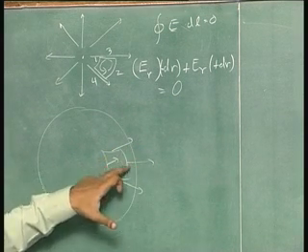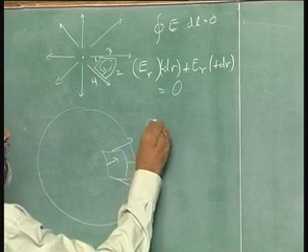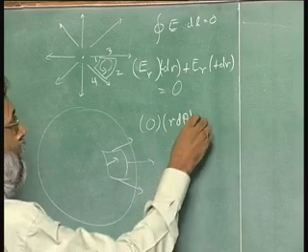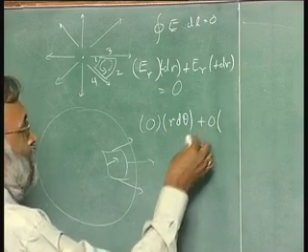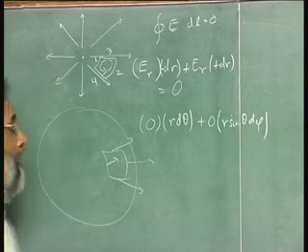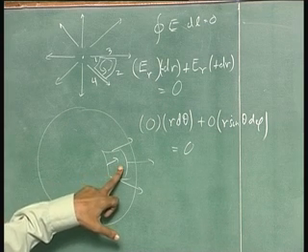So, it is 90 degrees to the loop at every point. So, clearly it is just 0 times r d theta plus 0 times r sin theta d phi. So, it is 0. That particular loop does not give me anything.